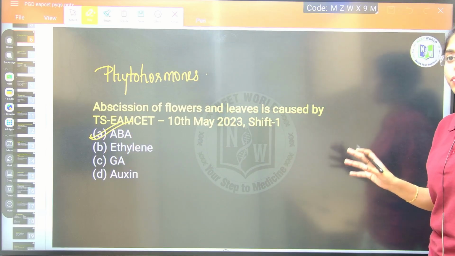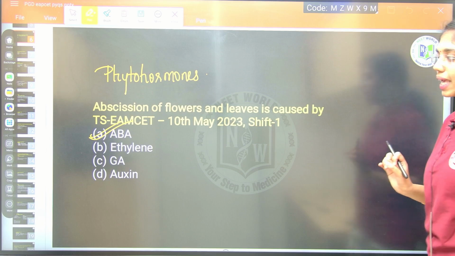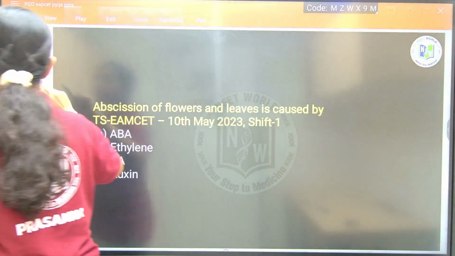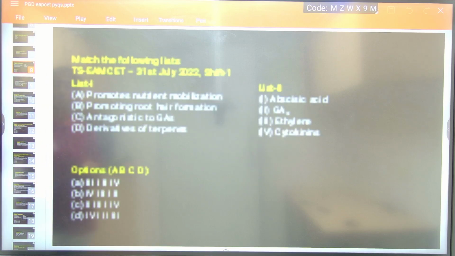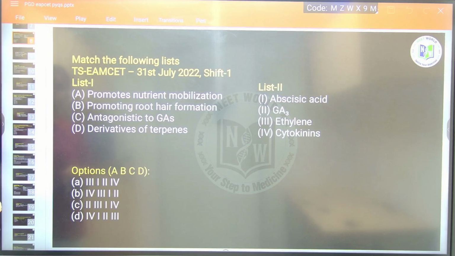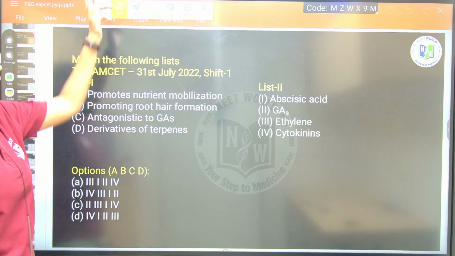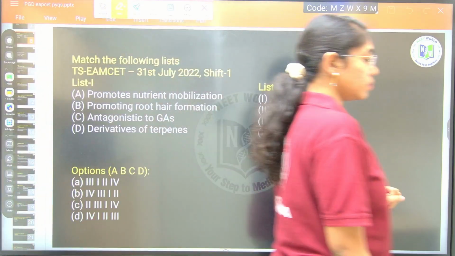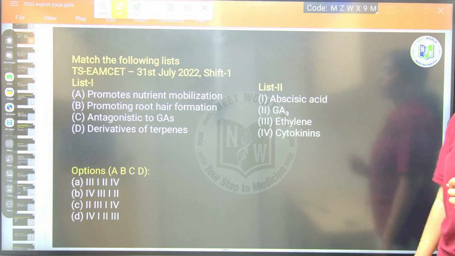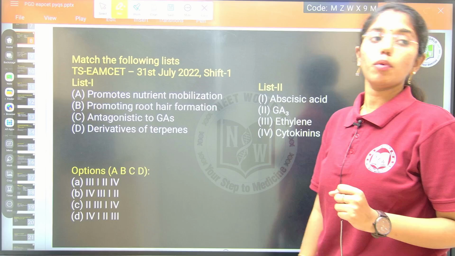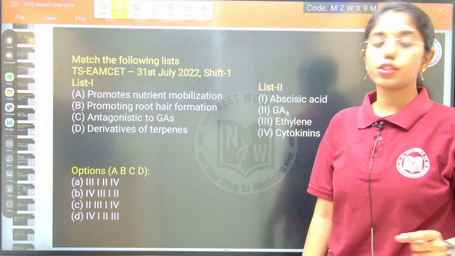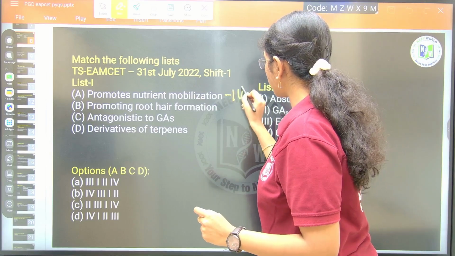Flowers, fruits, leaves will fall off because of the effect of abscisic acid. Observe carefully. Nutrient mobilization is promoted by cytokinin, which is option 4.